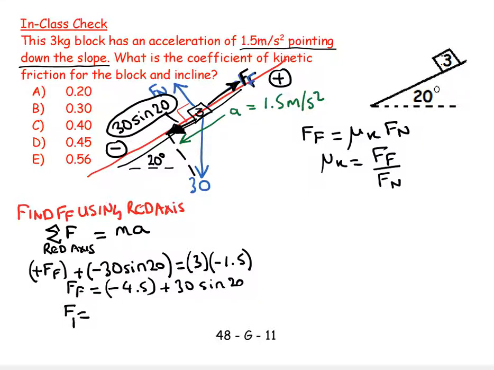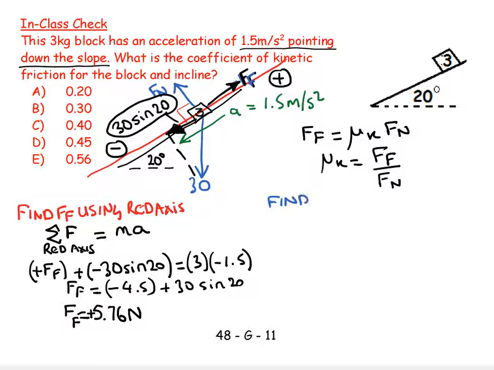So Ff is equal to, let's put my calculator on, minus 4.5 added to 30 sine 20. And that's going to be 5.76. So this is 5.76 newtons, and it's a positive 5.76. That's half of it done.